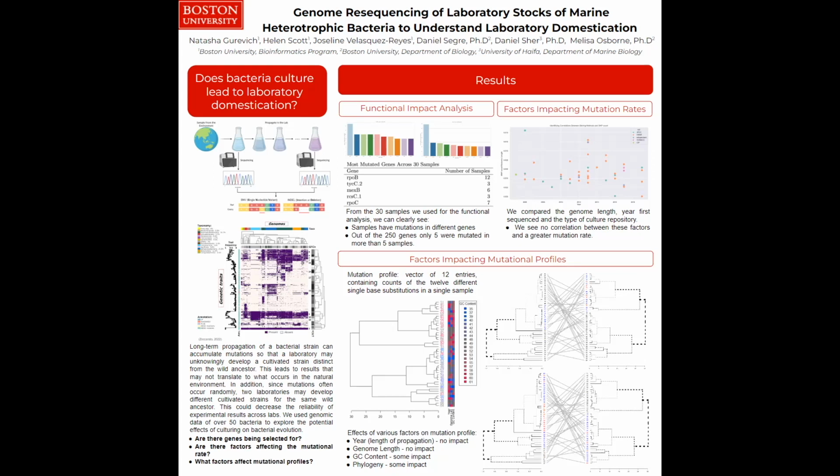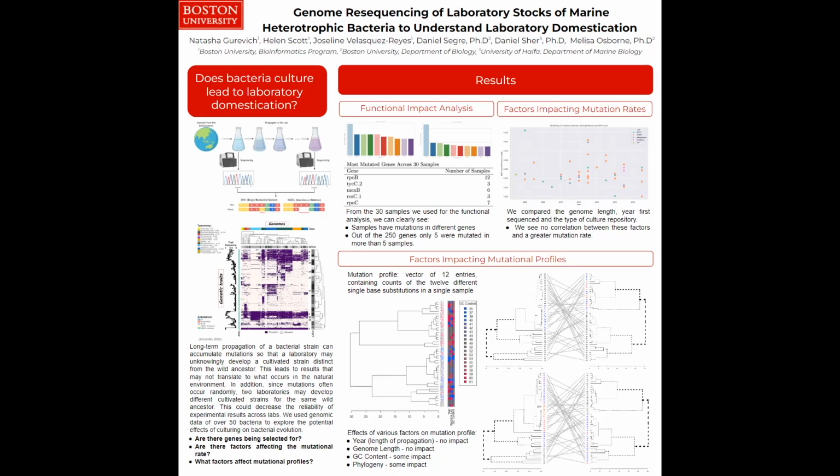So with all of our research results shared, we wanted to conclude by saying that, by resequencing bacterial strains after propagation in lab and evaluating the difference from their reference genomes, we found that genome size, length of lab propagation, and type of culture repository did not influence mutation rate.